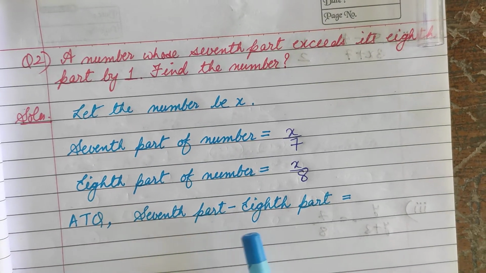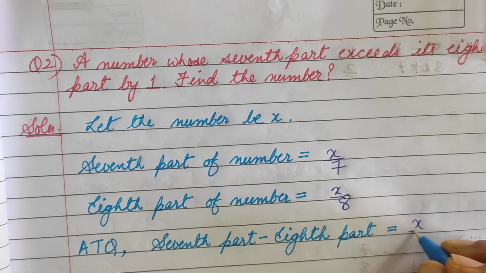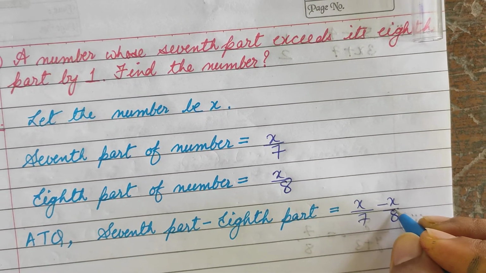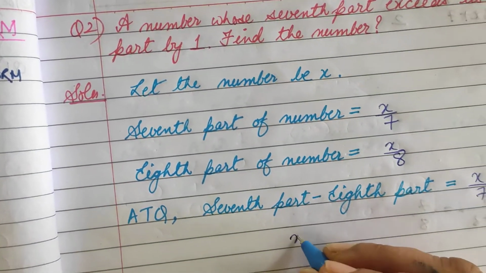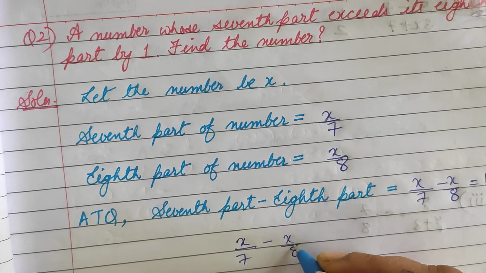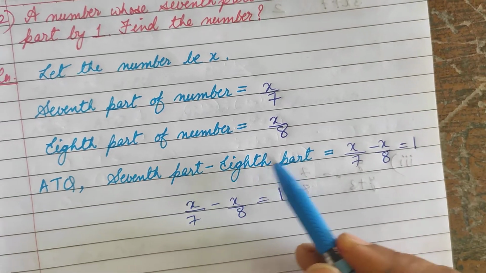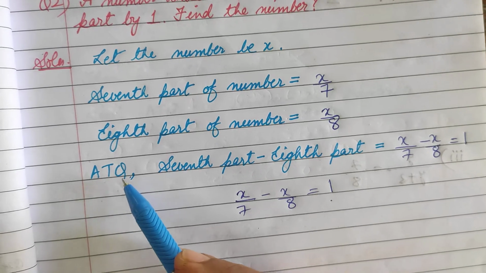So the difference between seventh part and eighth part is 1. So x by 7 minus x by 8 is equal to 1. ATQ means according to question.